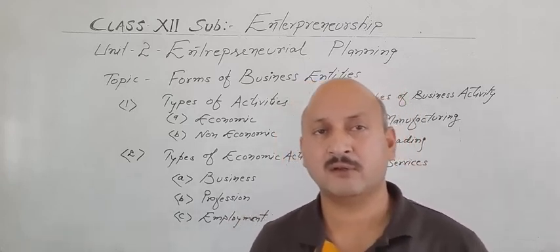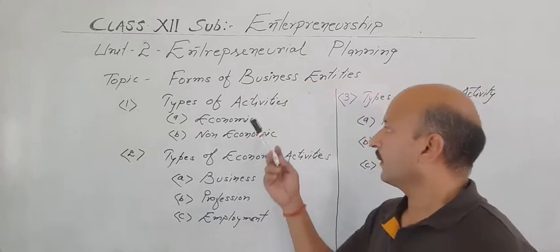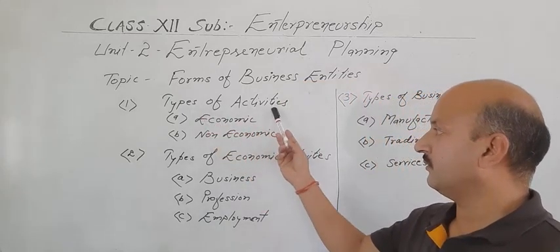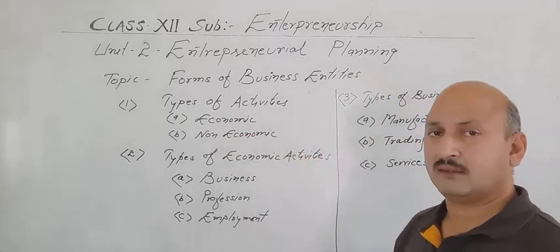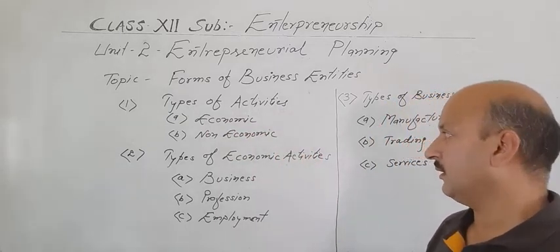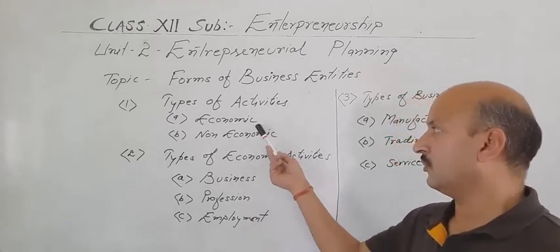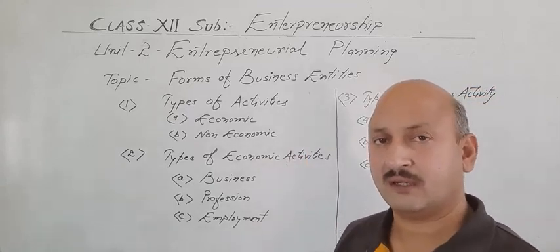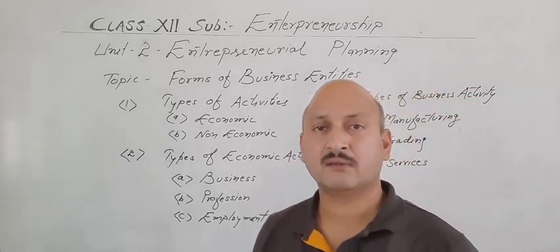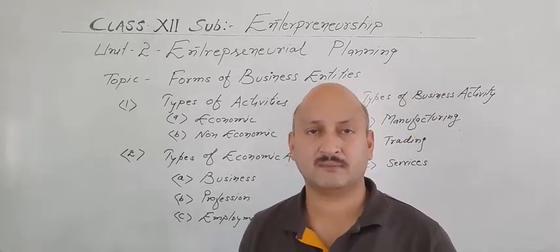First of all, we have to see the type of activities. The type of activities are broadly classified into two categories, that are economic category and non-economic category. So what are economic activities? All those activities which give us some income are known as economic activity.